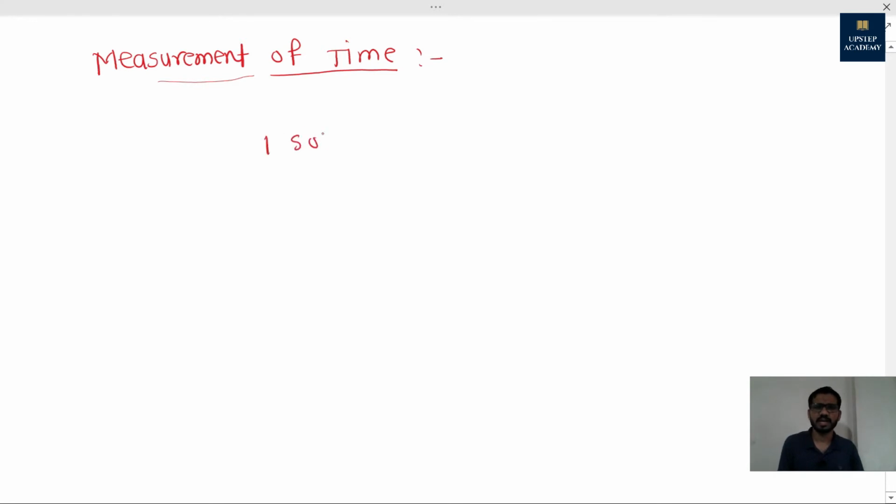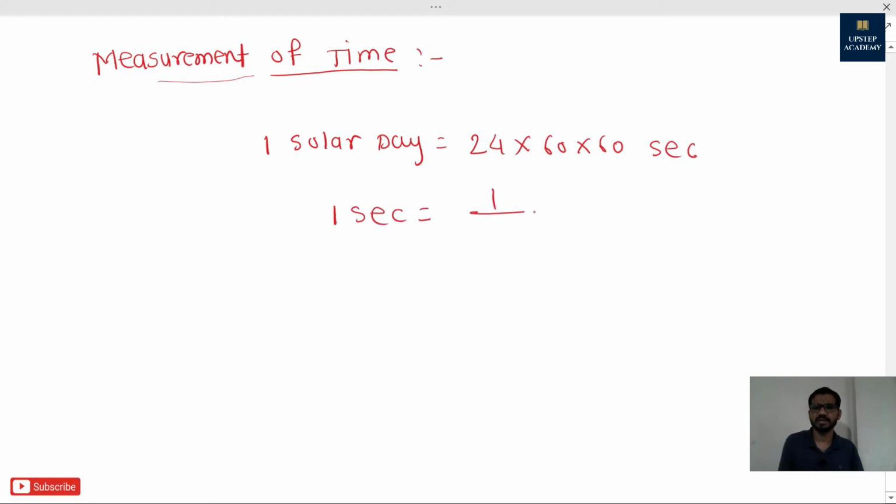One solar day is equal to 24 hours into 60 minutes into 60 seconds. So 1 second is nothing but 1 divided by 24 into 60 into 60 of a solar day.